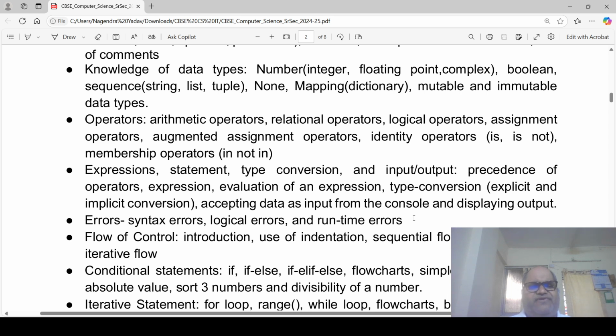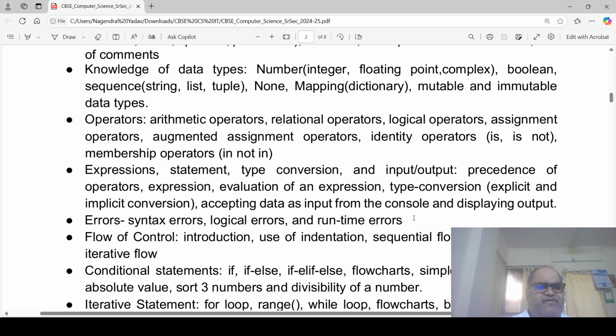Then the concept of None, which you might know more like null in a typical language, dictionary, and then what are mutable and immutable data types. So we'll be covering this at least to some extent, just to ensure that even if you have studied them long before, it provides you a good refresher.